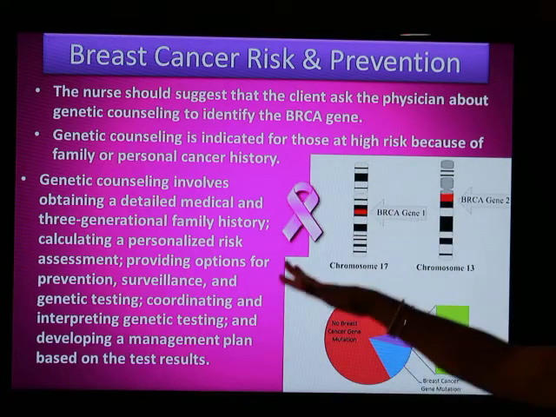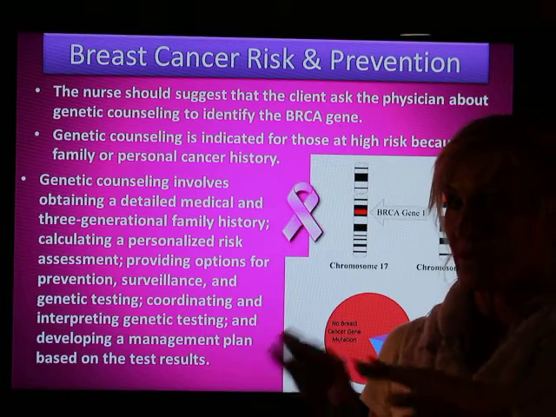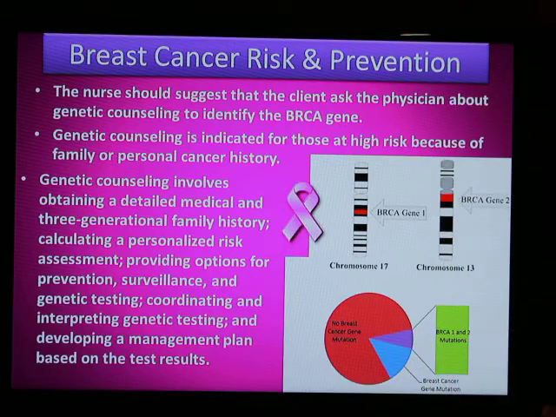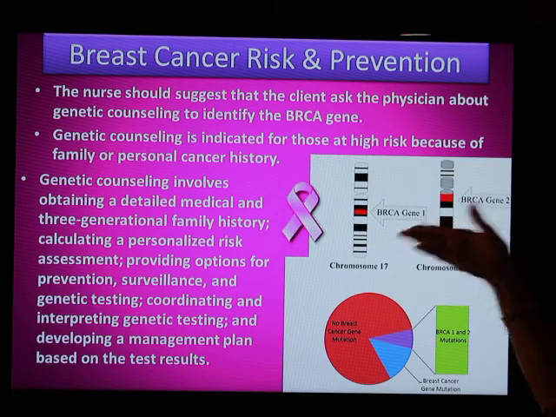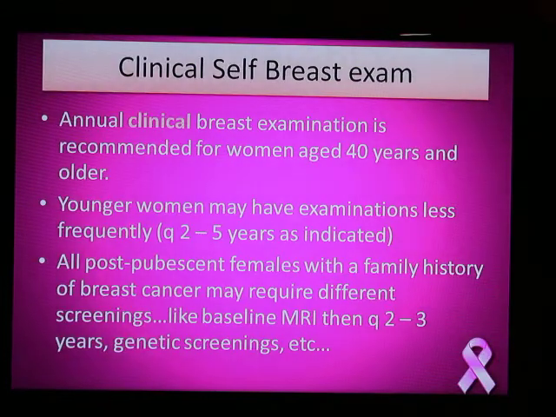These patients sometimes will get baseline MRIs early in life, like at 20, 25, 30. They might need to get some genetic counseling, much higher levels of surveillance. But for most of the population, your annual mammogram is going to be sufficient.